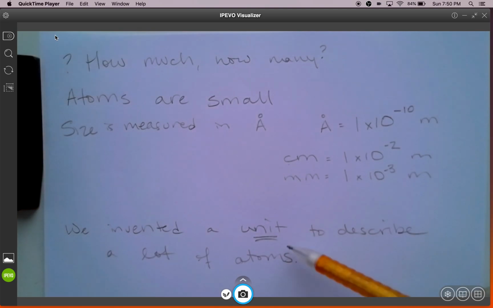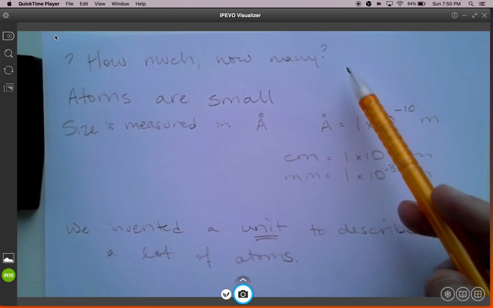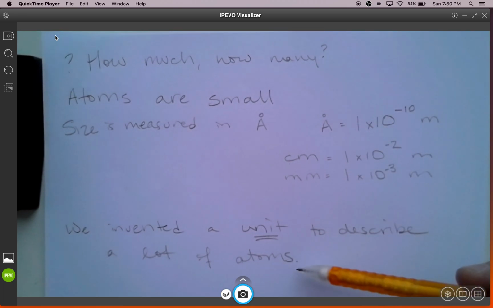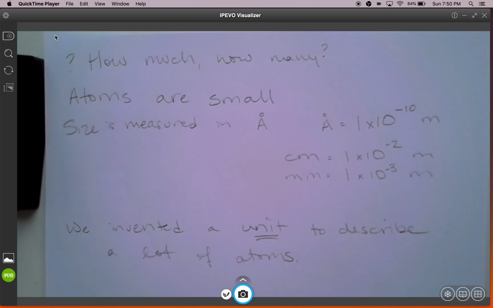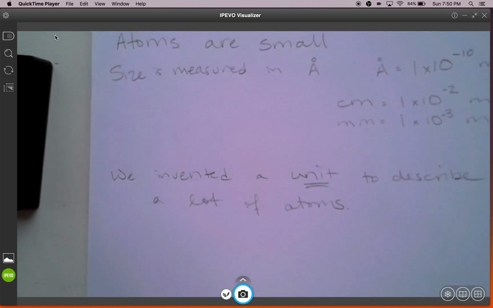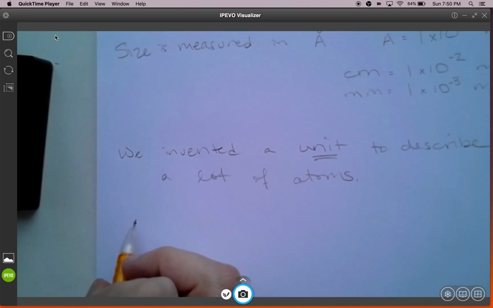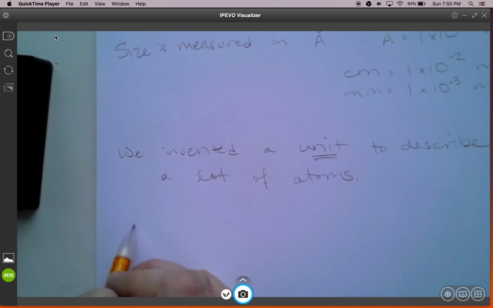So the unit that we use to describe how much or how many when we're looking at atoms, particles, molecules, or really anything that we want to count, I'll just give you this. The new unit is the mole.